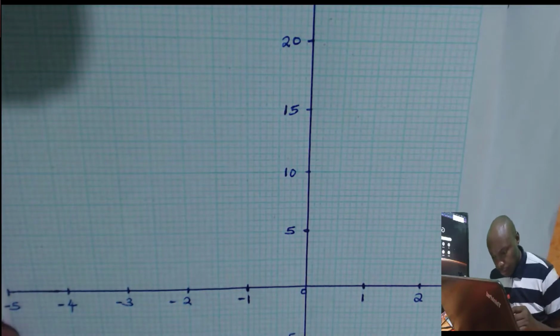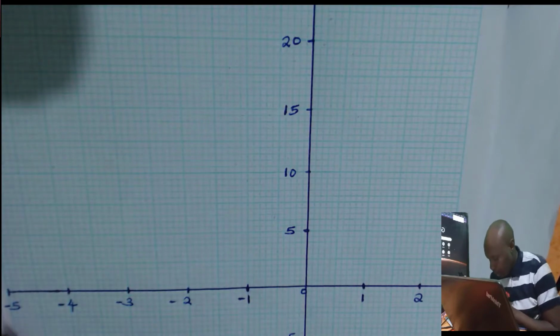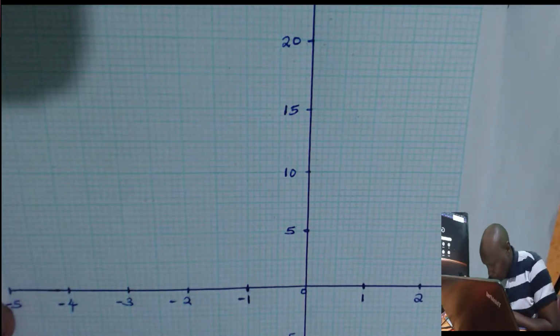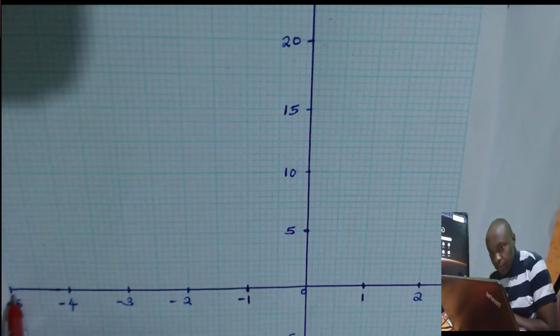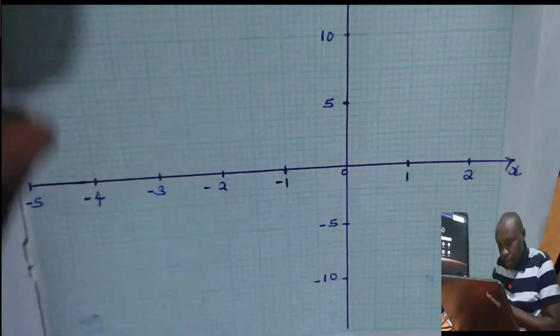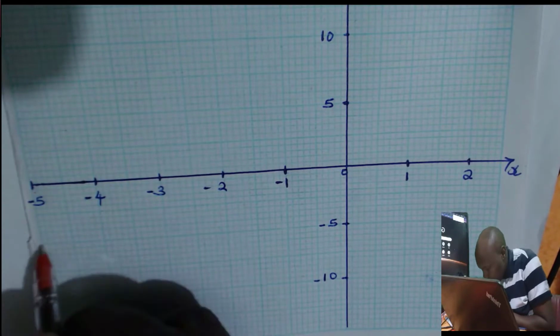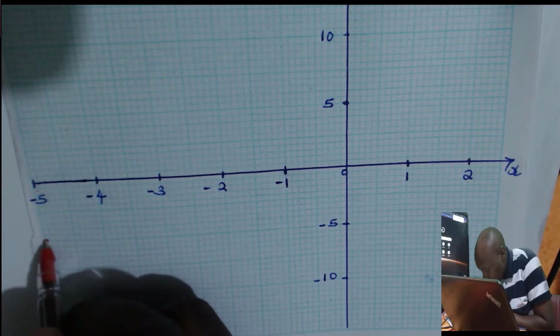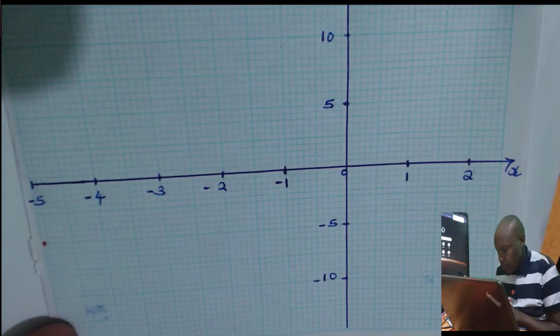Now the first one is -5, -5 for x, -5 for y. So -5 is here, and for me I put it a bit higher, so -5 is here, then -5 for y, the point will be there. So the other one is negative 4, 15.